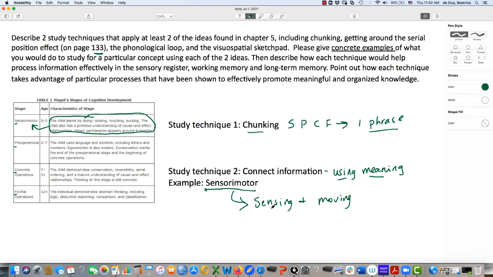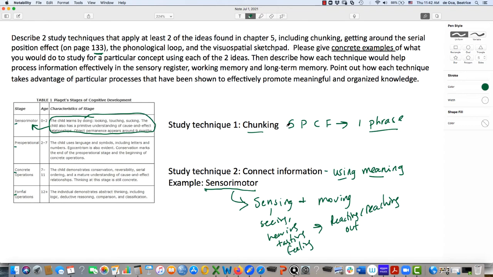So the child is seeing and hearing and tasting, feeling, and then reacting to these things, reaching out to these things. And that gives me an idea of what the sensory motor stage really means.